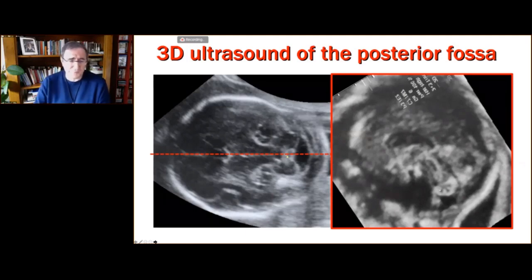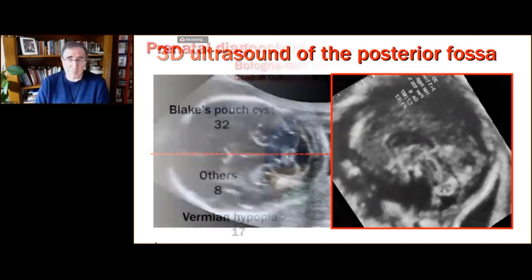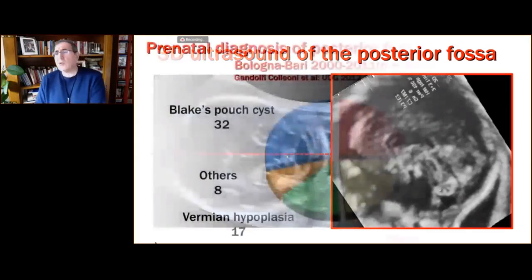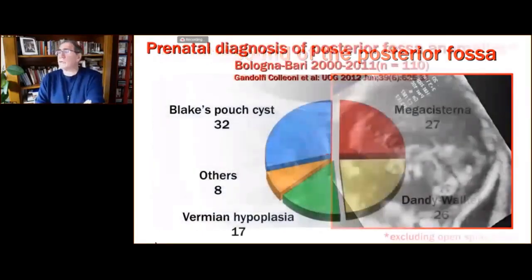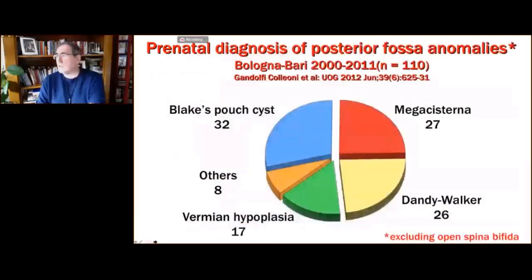Which are the most common abnormalities that you are going to encounter when you are scanning the fetal brain? This is a study that we have published a few years ago. It was a study of cases that we collected in Bologna and in another large referral center, which is in Bari, Paolo Volpe and his collaborators, and we collected a total of 110 cases of posterior fossa anomalies.